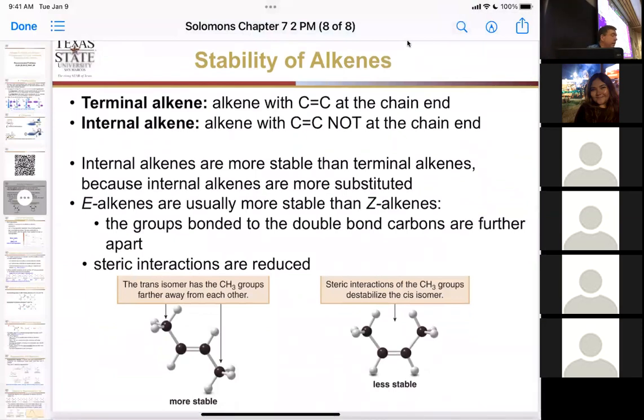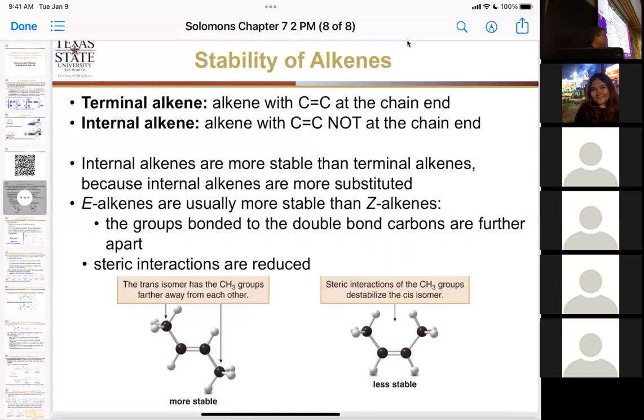Okay, so now let's talk about alkenes and stability. I said that in that elimination, we have a possibility of having one alpha beta carbon or a different beta carbon, but which do you choose? It's going to come down to stability. A terminal alkene is an alkene that is at the end of a chain, so it typically only has 1 substituent on it.